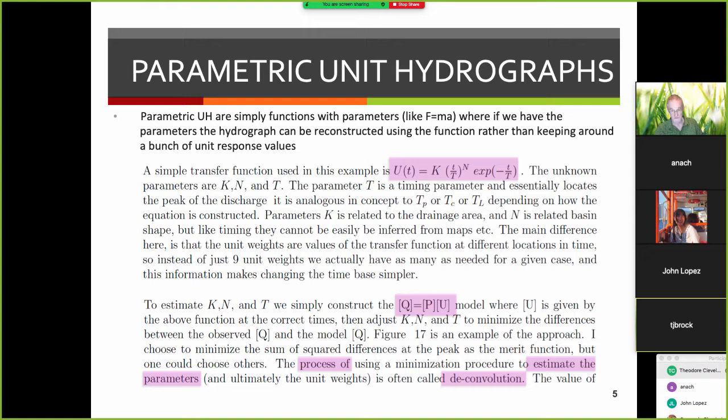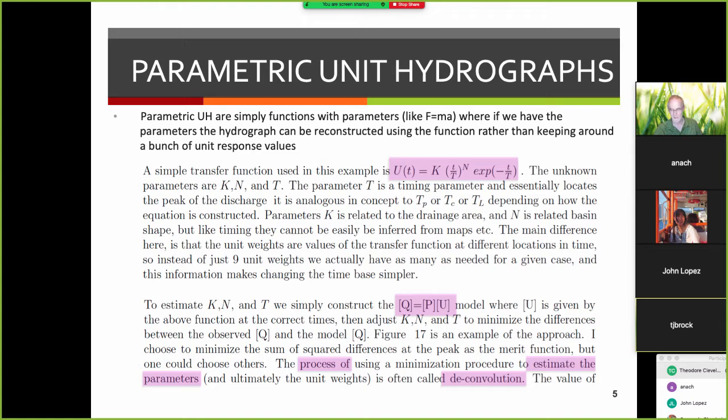So the main difference here between the prior lessons is that the unit weights are simply values of the transfer function at different locations in time. So instead of keeping 9 unit weights or 1400 or 14,000, we only need to keep the 3 parameters k, n, and t. It has another particular advantage: extending the time base becomes almost trivial now.